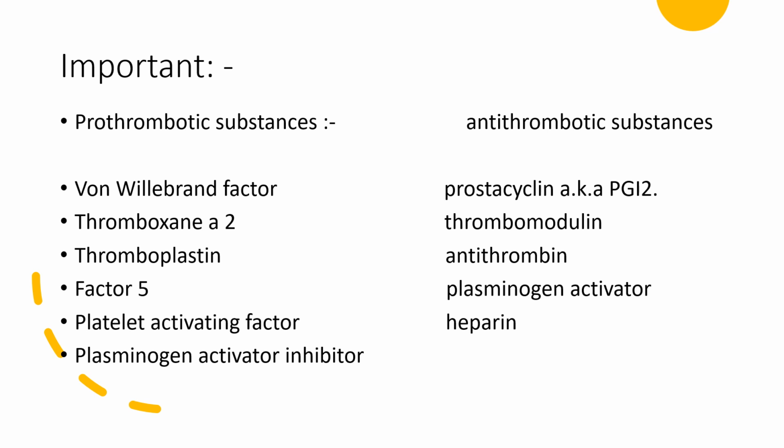Antithrombotic substances are the substances which inhibit thrombosis, and these include prostaglandin, also known as PGI2, that is the prostaglandin of the I2 category, thrombomodulin, antithrombin, plasminogen activator, and heparin or heparin-like substances.